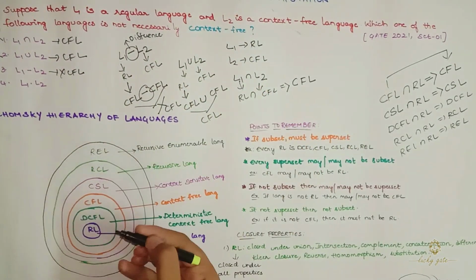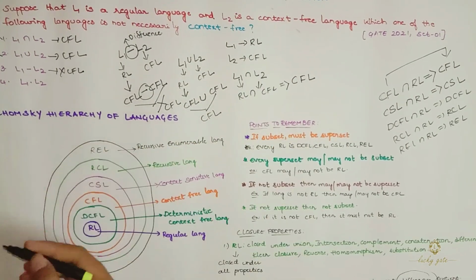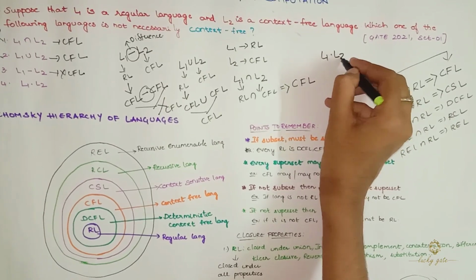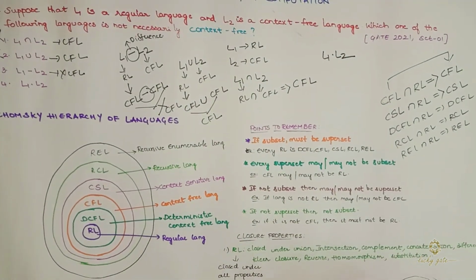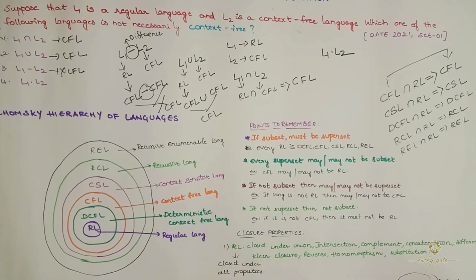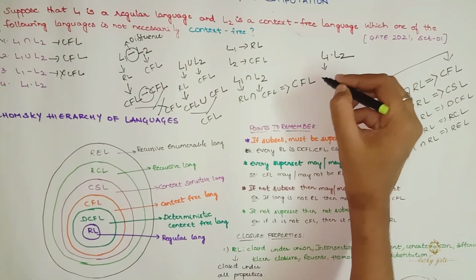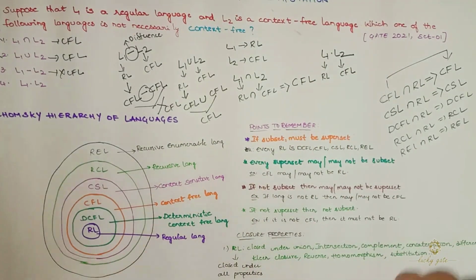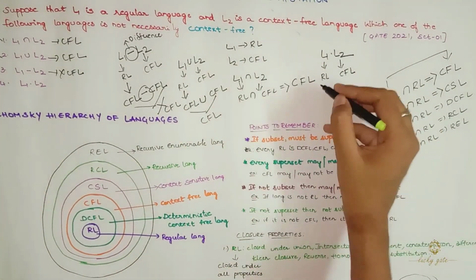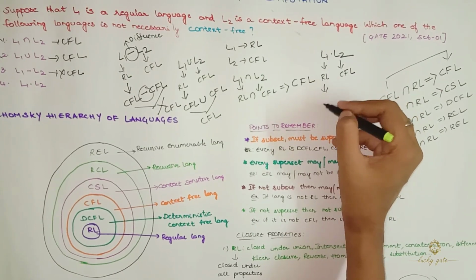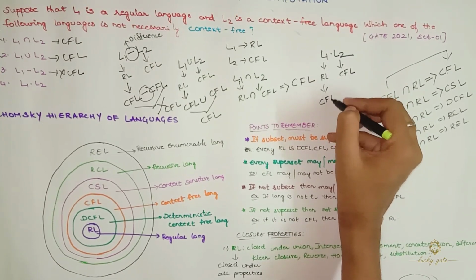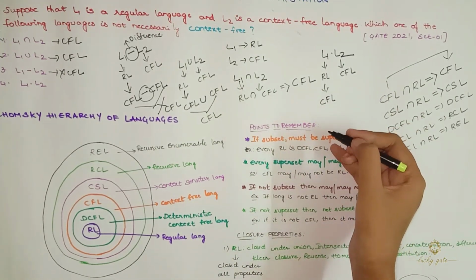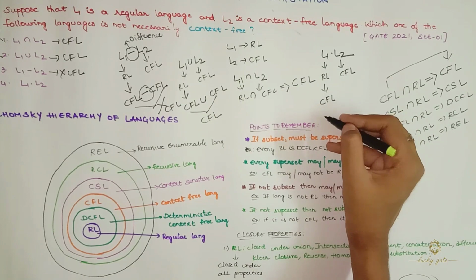But let's also solve option 4. It is L1 concatenation L2. L1 is a regular language and L2 is a CFL. Again, by the Chomsky hierarchy, a regular language can also be written as a CFL, since RL is a subset and CFL is a superset.